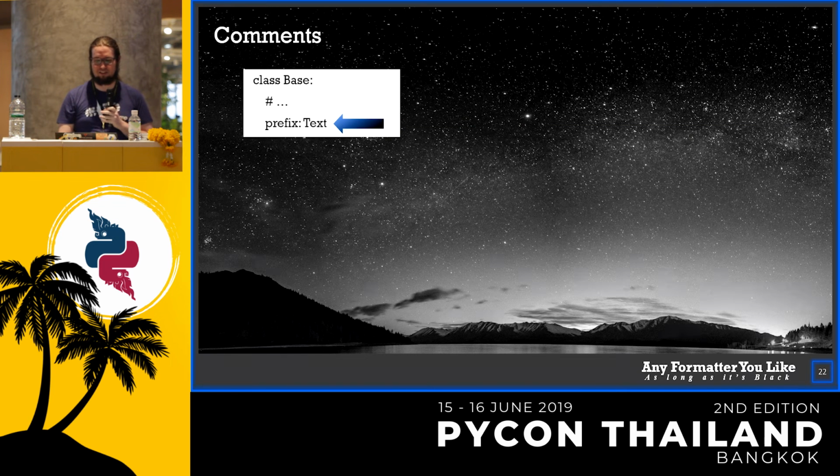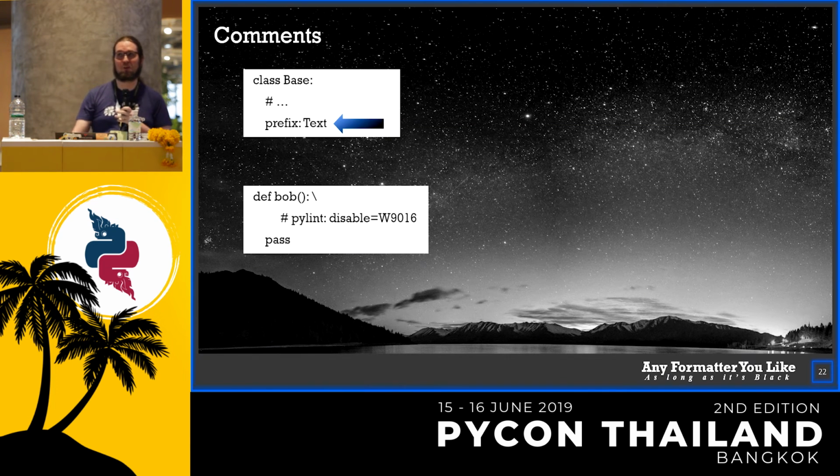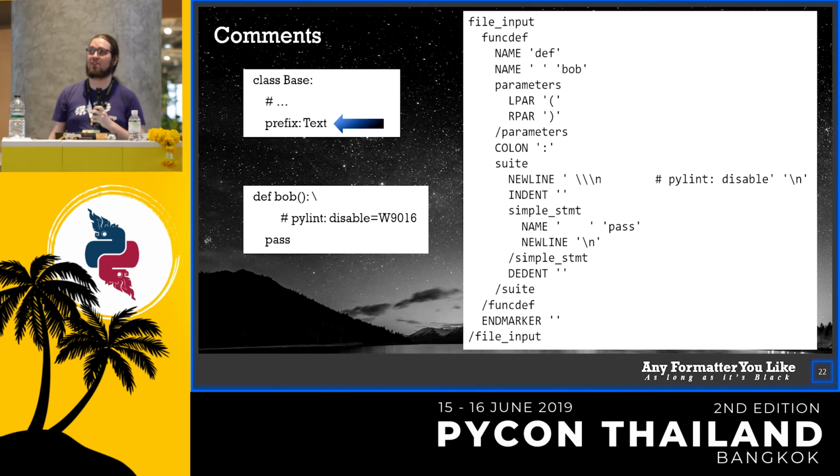So let's look at an example. Let's look at this completely arbitrary example from our test suite. It's a simple function, doesn't do anything, but someone decided to put the pylint pragma on a separate line because it looks better. This is the syntax tree that Black sees. The details are not very important.